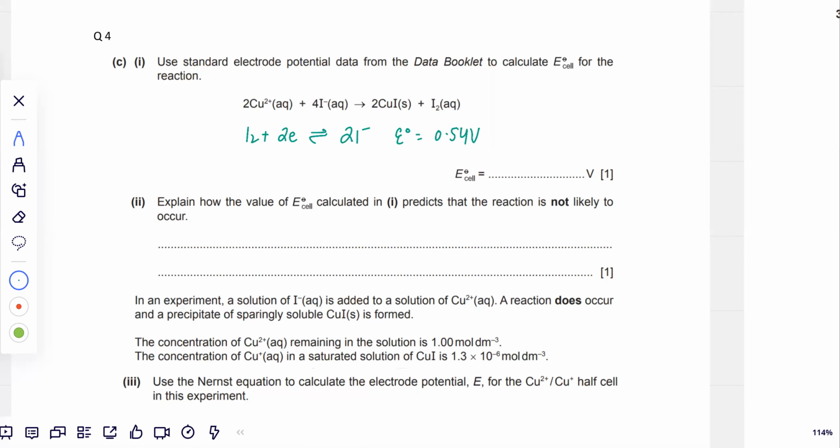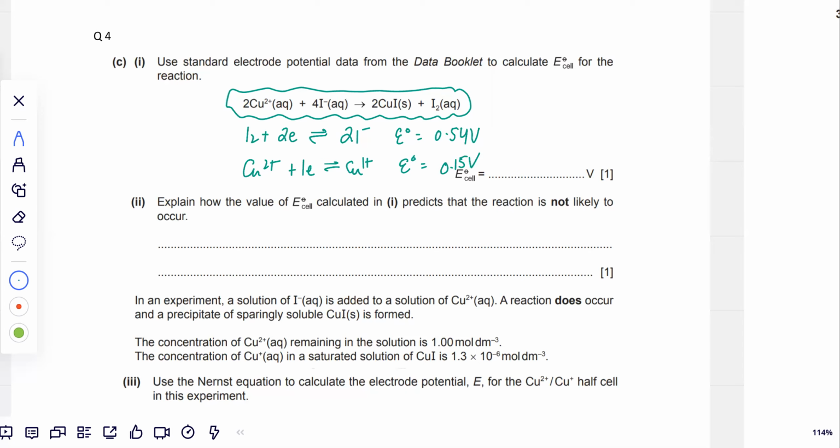So they've already made the overall reaction for us. So I'm doing the reverse now: copper 2 plus plus 1 electron in equilibrium with copper 1 plus, and the E naught that they had given in the booklet was 0.15 volts. So I have these values with me.